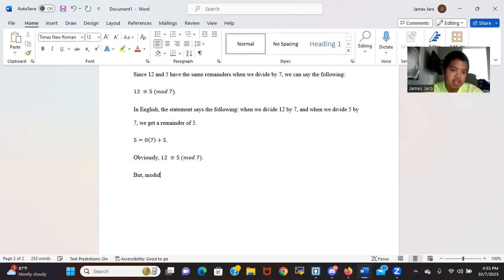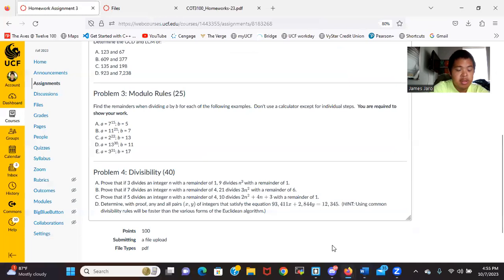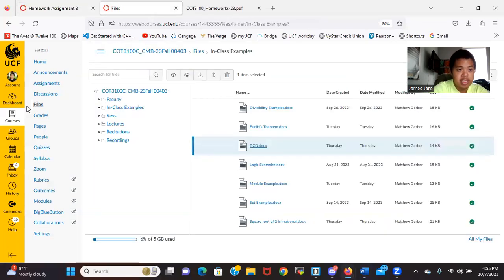But modulo has some very unique properties that we can use. There's quite a few of them. Let me see if I can go find it.